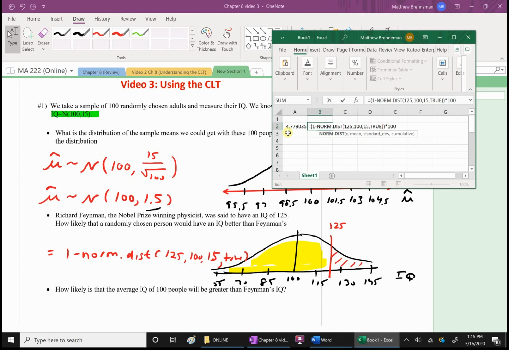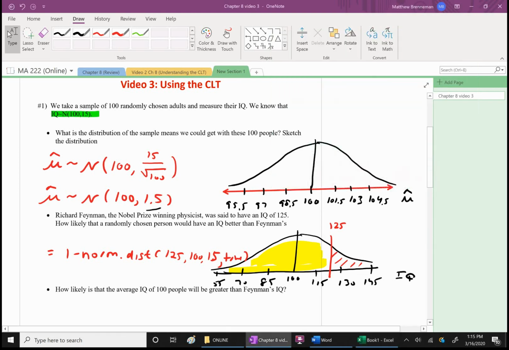Now let's switch gears and let's ask the question, how likely is it that the average IQ of 100 people will be greater than Feynman's? Okay, now we have to be a little careful because notice that we're asking what is the probability that an average IQ will be greater than 125. So we're up here in this distribution. Okay?